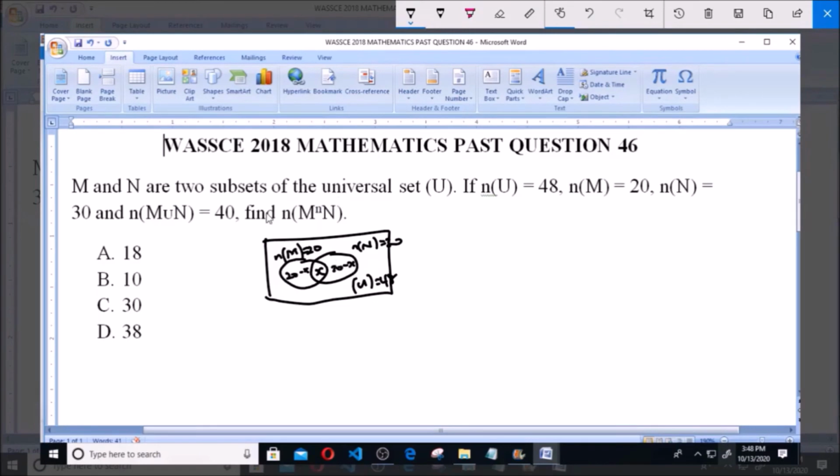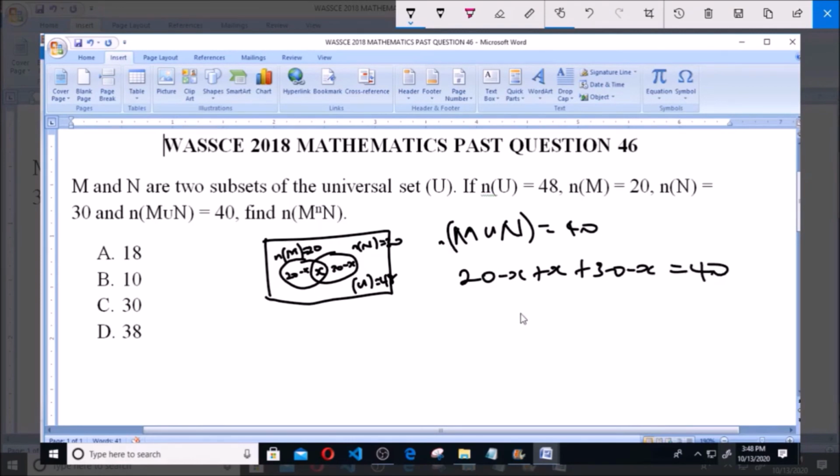Now we are given that M union N is equal to 40, meaning that everything in N combined with everything in M is equal to 40. So we can say that 20 minus x plus x, that's this intersection, plus 30 minus x is equal to 40.